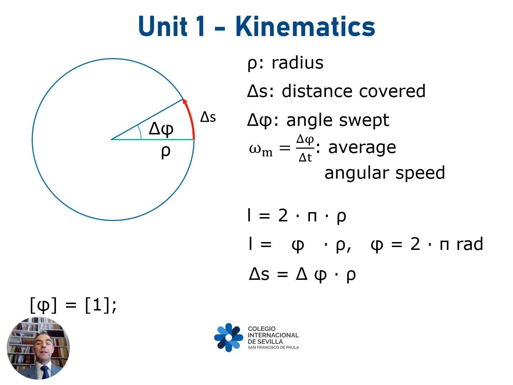This means it is non-dimensional. Therefore, the distance equals the angle times the radius. The angle is non-dimensional, dimension 1. The radius is a length. Therefore, the distance is a length, as we know.